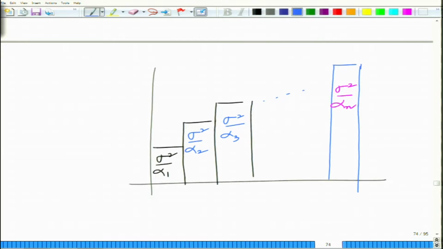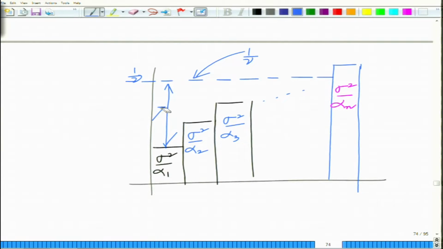Now, if you draw here the level 1 over nu, so this is your level 1 over nu, you can think of this as a water level. Now, the power allocated to the first channel is basically the amount of water, that is the level of water 1 over nu.